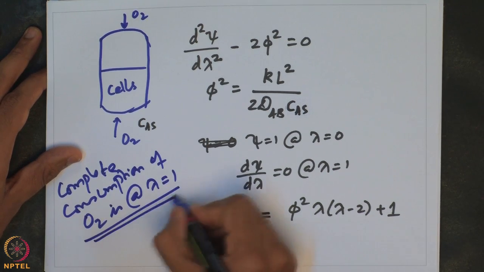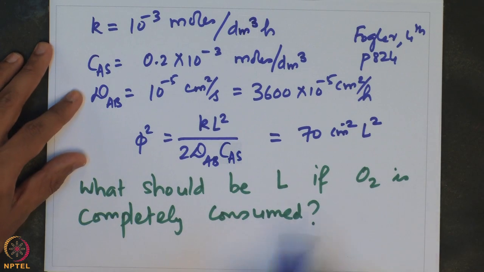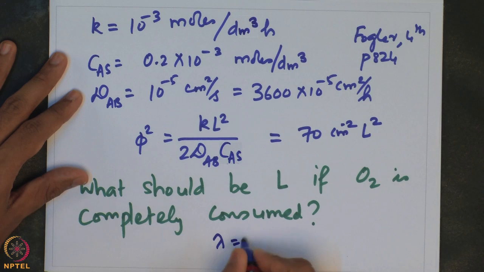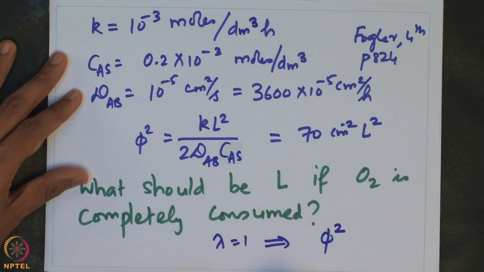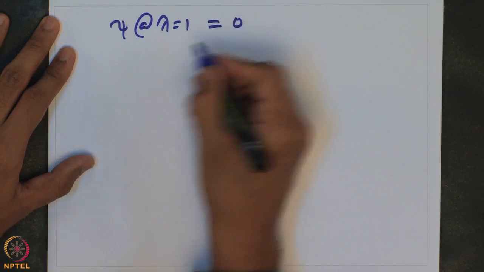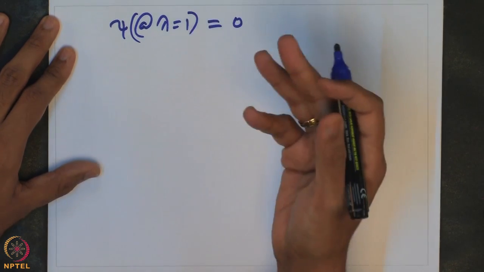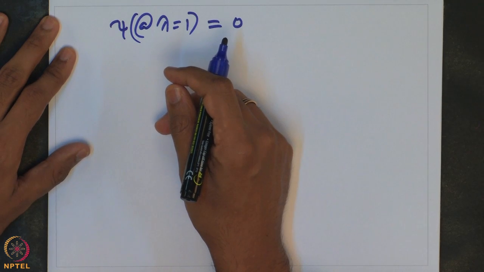If it is complete consumption of the oxygen, then it must be at lambda equal to 1. So, the first step is to find out what phi square is at lambda equal to 1. Let us do that exercise. If we set psi at lambda equal to 1 to be 0, because it is completely consumed, psi, which is a dimensionless concentration, must be equal to 0.